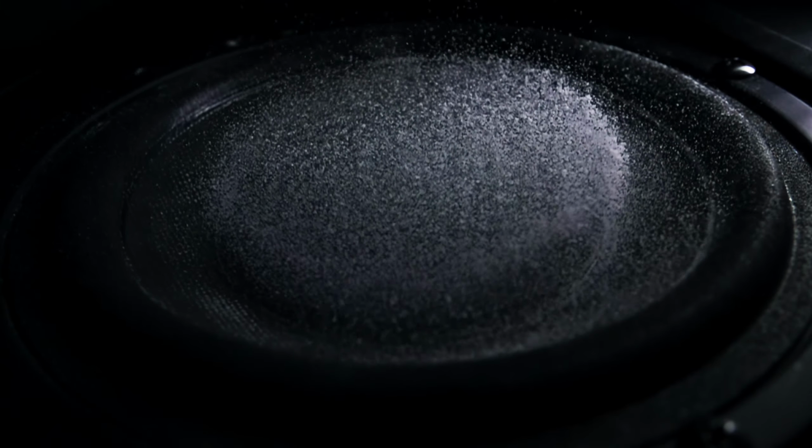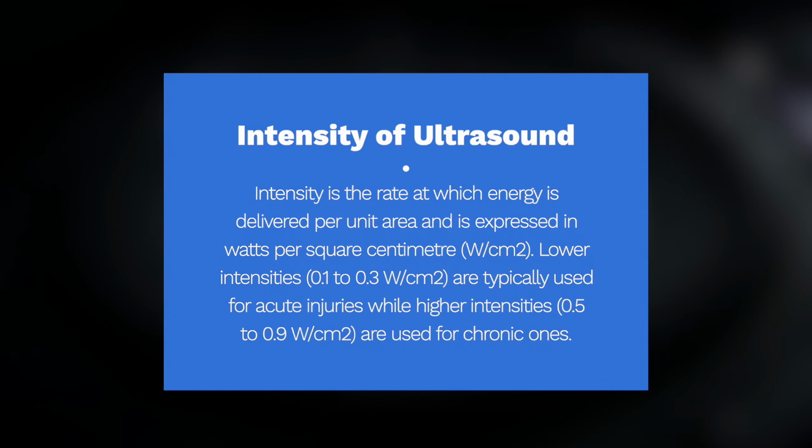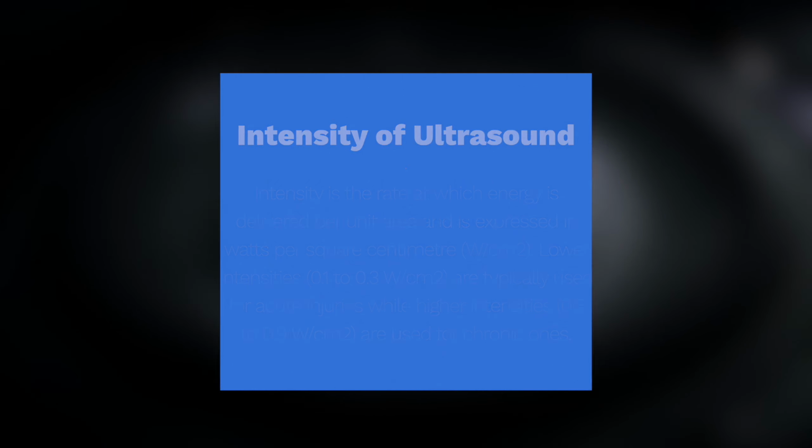Ultrasound can also be applied at different intensities. Intensity is the rate at which energy is delivered per unit area and is expressed in watts per square centimetre. Lower intensities, 0.1 to 0.3 watts per square centimetre, are typically used for acute injuries, while higher intensities, 0.5 to 0.9 watts per square centimetre, are used for chronic ones.